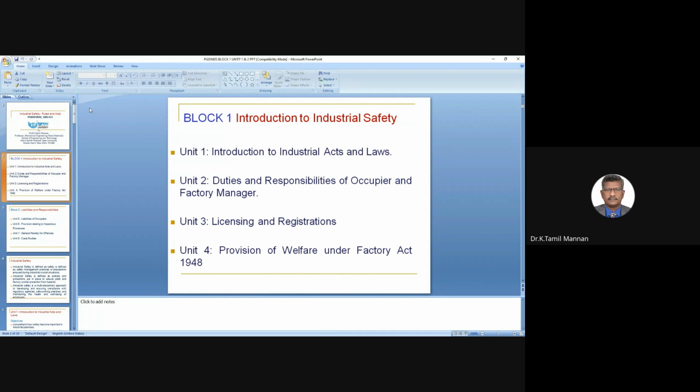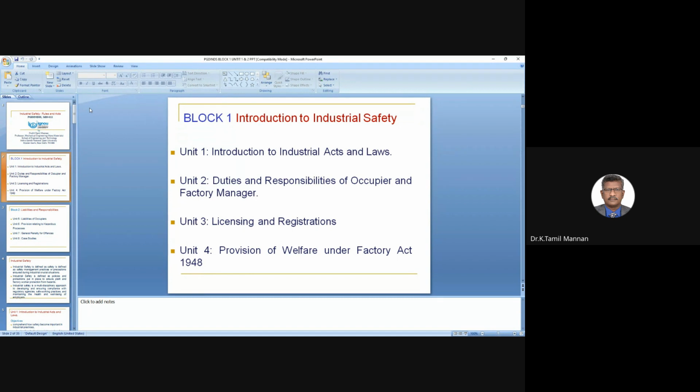Unit 1 discusses industrial acts and laws basics. And unit 2 is the duties and responsibility of the occupier as well as the factory managers.